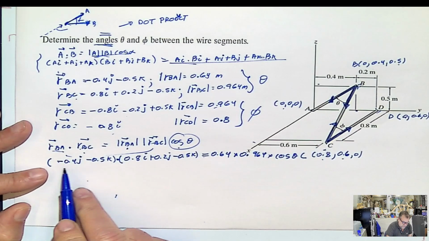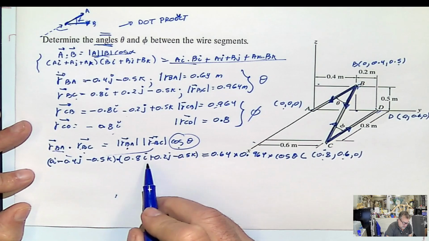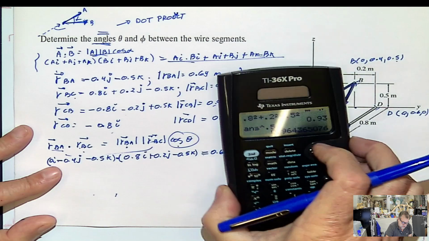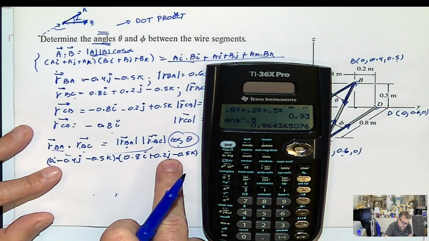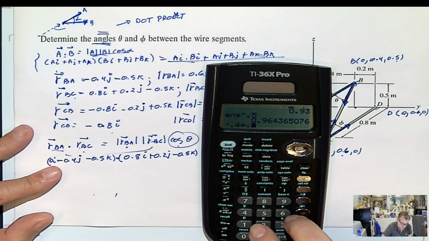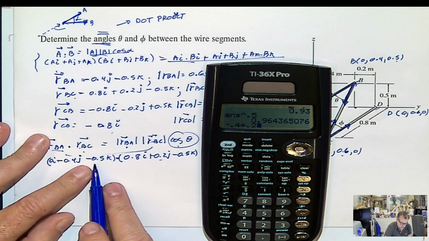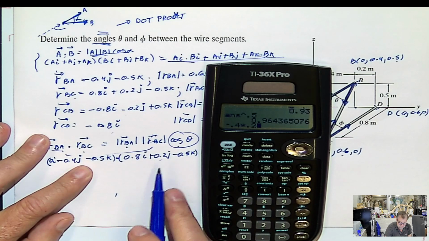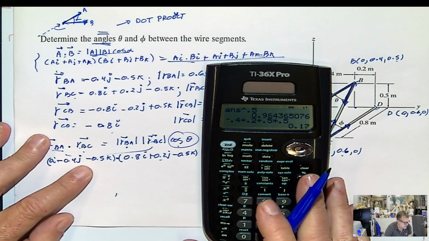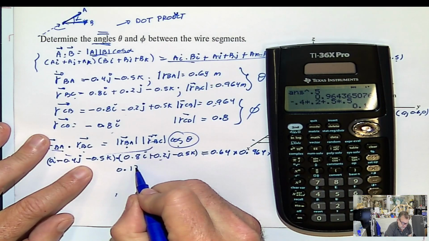Let's solve this. I dot i, but i is 0 here, so that will be 0. j dot j: minus 0.4 times 0.2, minus 0.5 times minus 0.5, which is plus 0.25, and then we get 0.17.